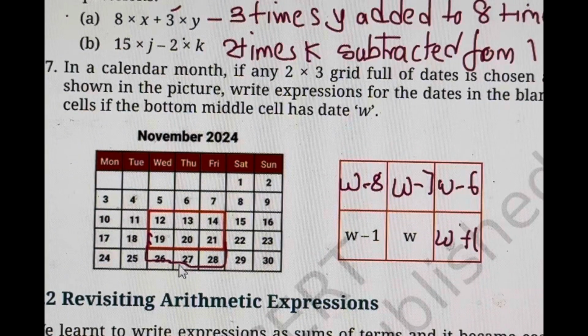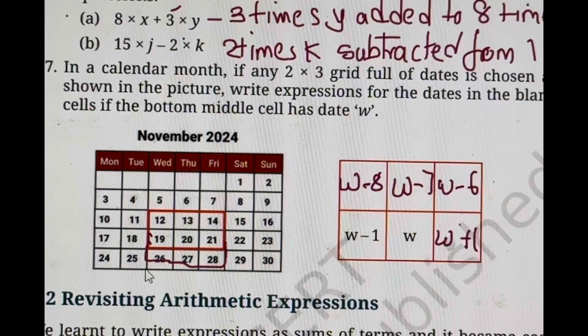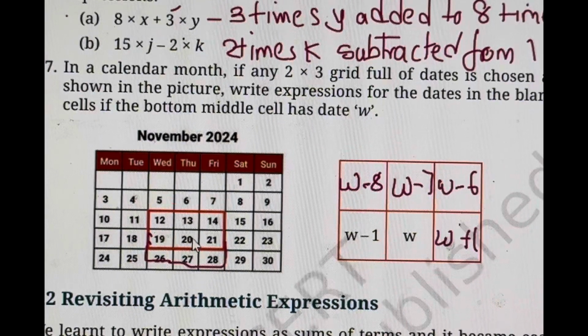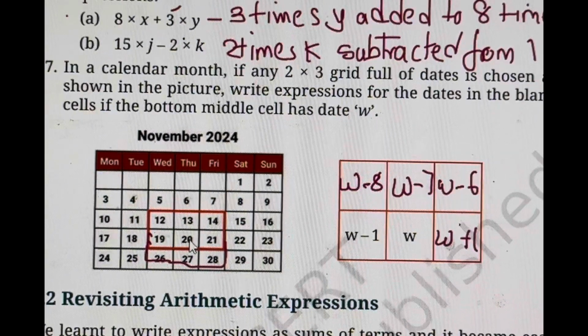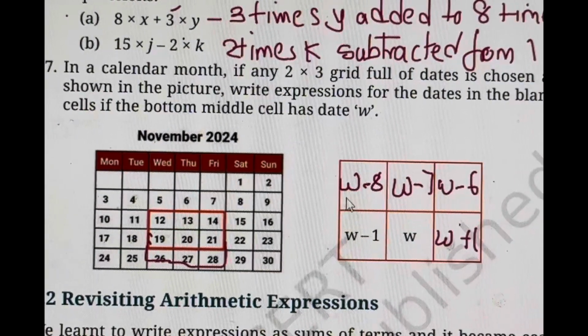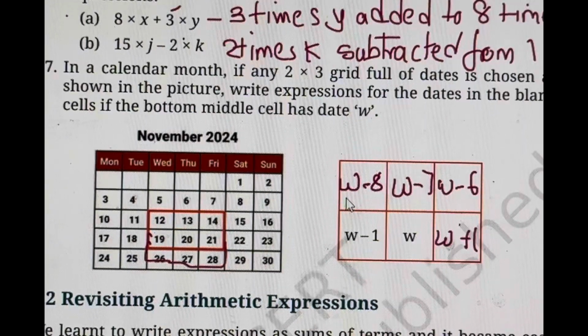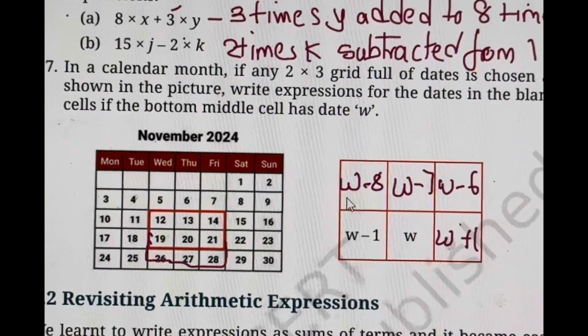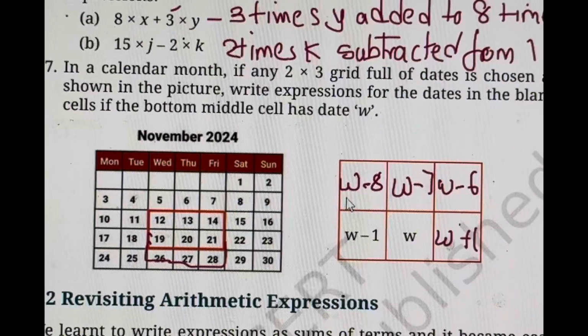If we take 27 as W, this will be W minus 1, 26, W plus 1, 28. W minus 7 will be 20, W minus 8 will be 19, W minus 6 will be 21. So this will be applicable to any 2 by 3 grid on the calendar. That's why we can form expressions and get any number on the calendar.